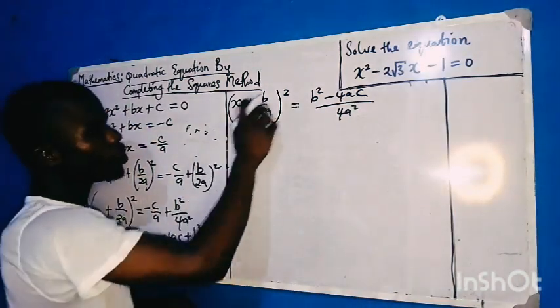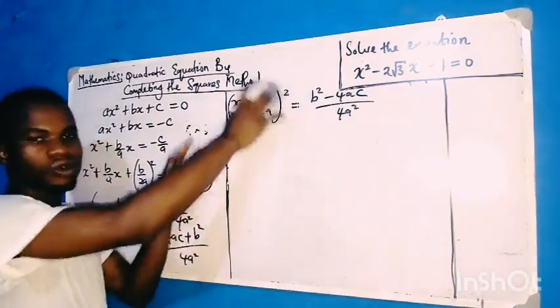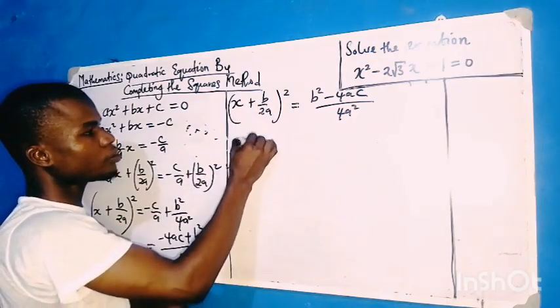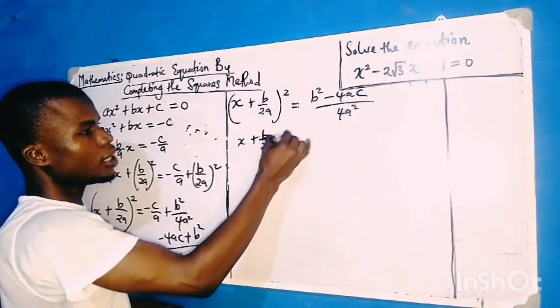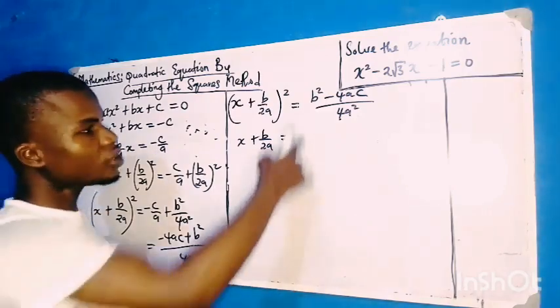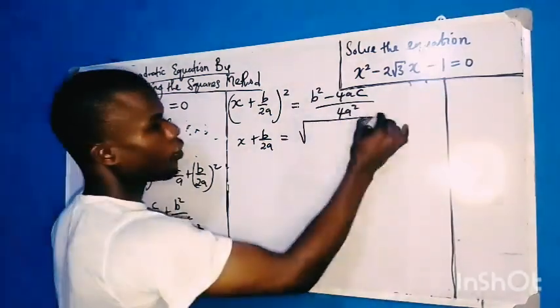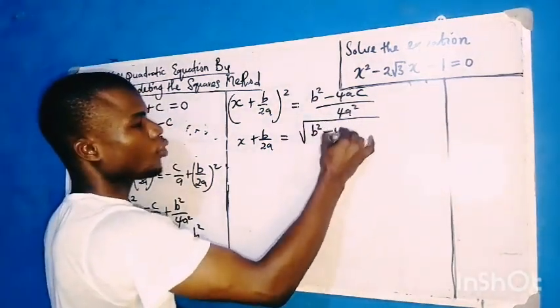So by finding the square root of both sides, if I find the square root on my left hand side, it will remove the square here. So I'm going to have x plus b over 2a here is equal to, I find the square root of the numerator here, square root of b squared minus 4ac.